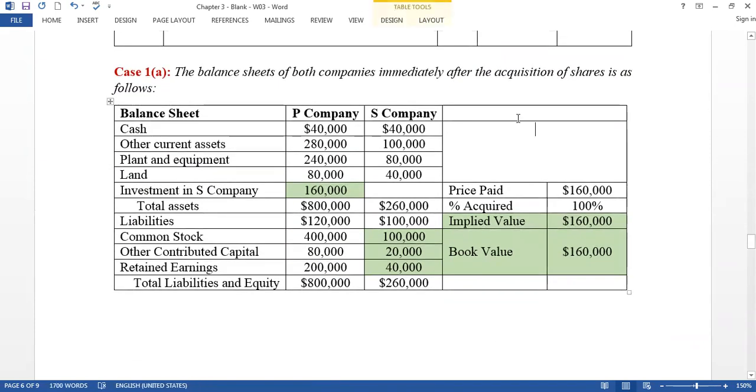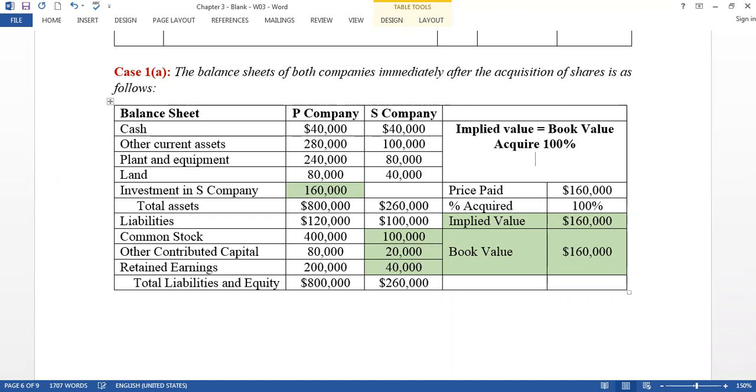So this question is about implied value equal to book value, right? And we acquire 100%.